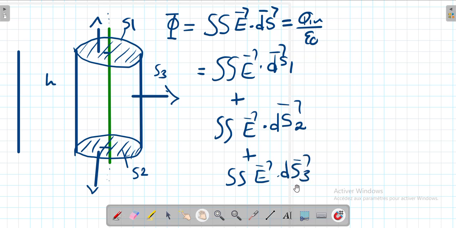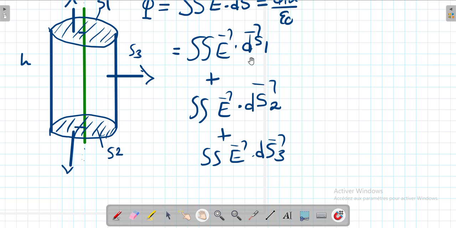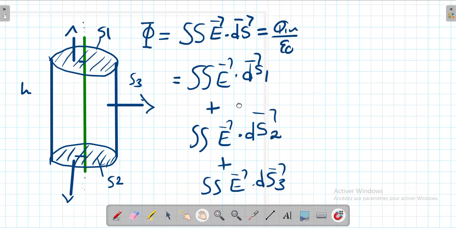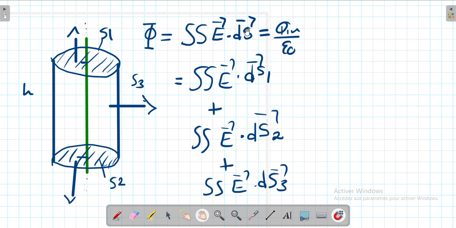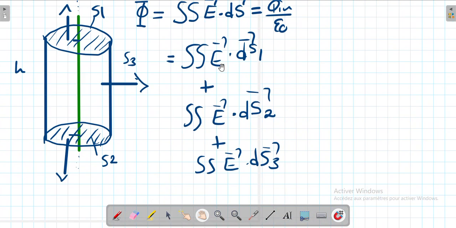Once you manage to do this, the reason why we break down this integral into three is because this is the only way you're going to evaluate it. This integral simplifies. Now, the other rules of integrating: the rule of the dot product says the two vectors should be in the same direction.